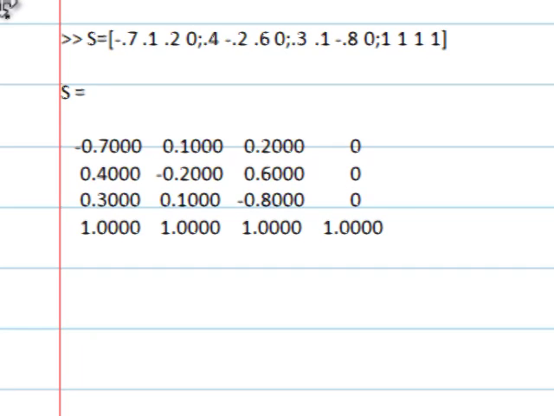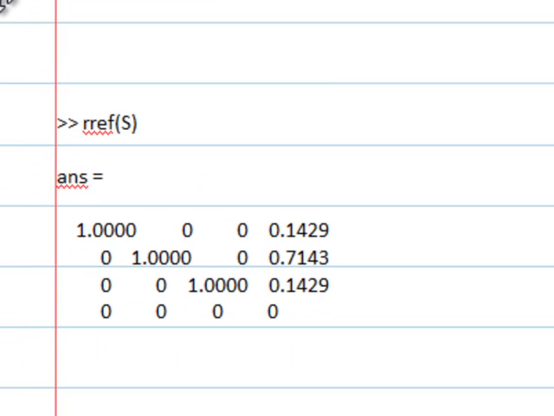I'm then going to use the RREF command and reduce that matrix, and I see there is a solution and it's in the last column, and x is equal to 0.1429, y is equal to 0.7143, and z is equal to 0.1429. That is going to be my stable distribution.